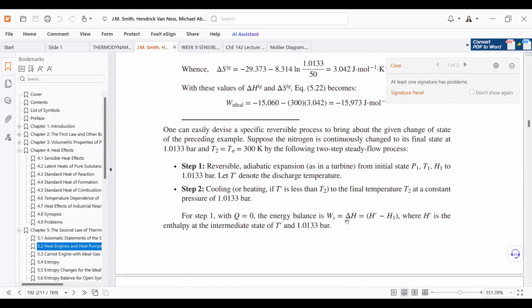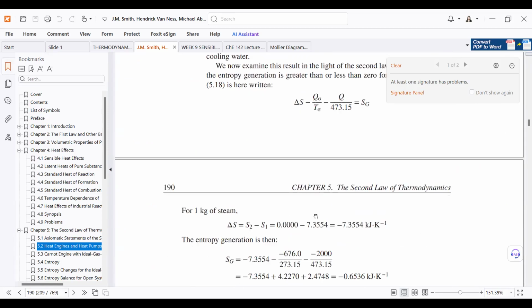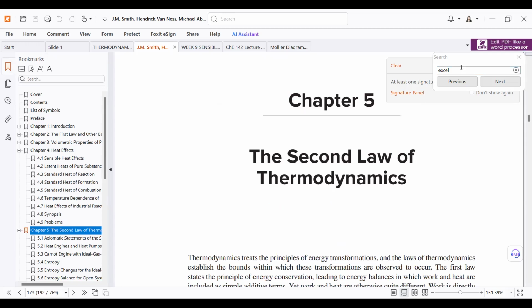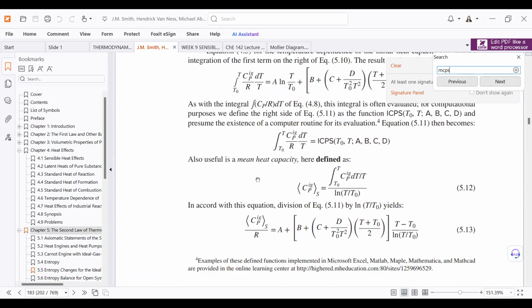Okay, there. This one, MCPS. This is the mean heat capacity for entropy calculation. You can see the derived equation is quite different from the mean heat capacity for enthalpy calculation.